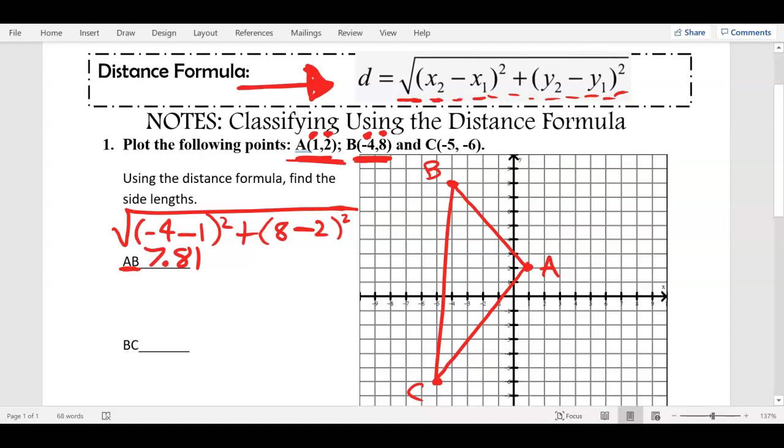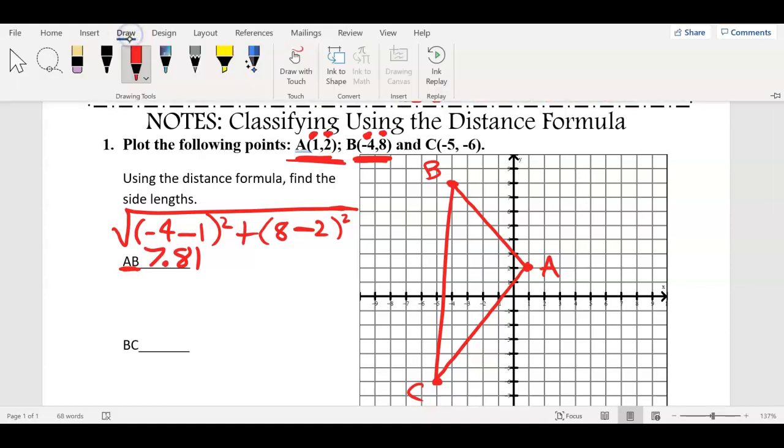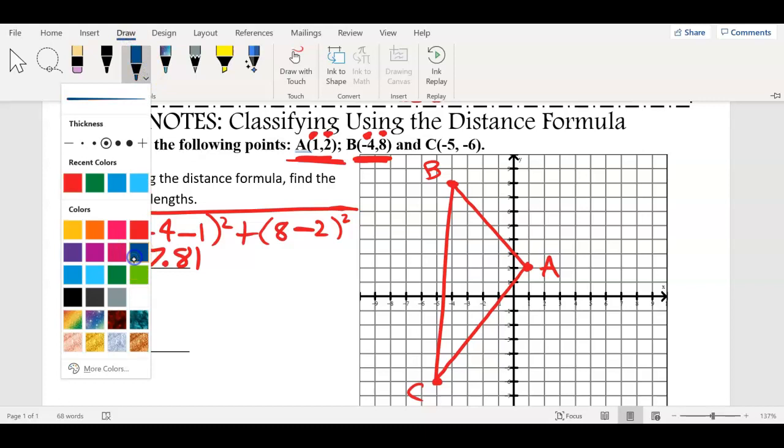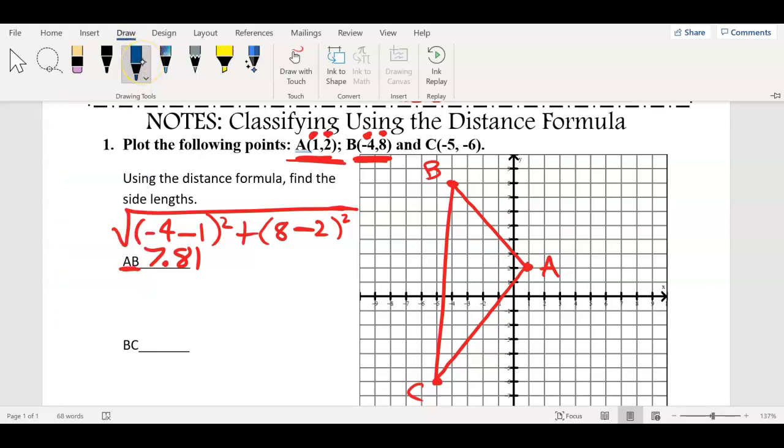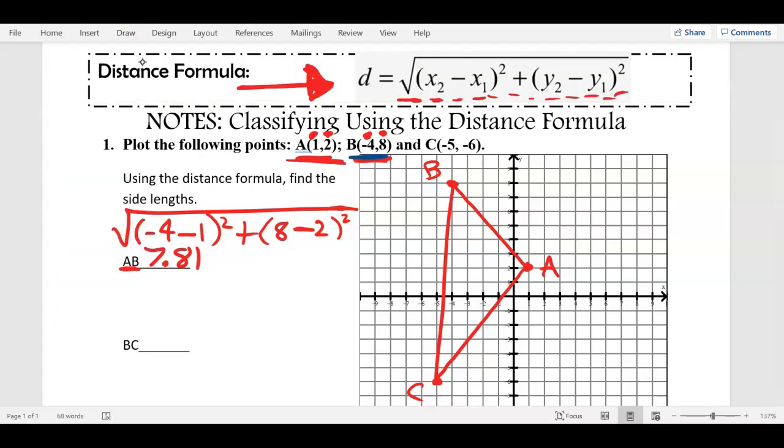Now let's do BC. I'm gonna pick a different color here. Darker blue. Okay, so for BC, now I'm gonna use the B numbers and the C numbers. So once again, put a big old square root sign. Parentheses, and again, I'm doing x2 minus x1.